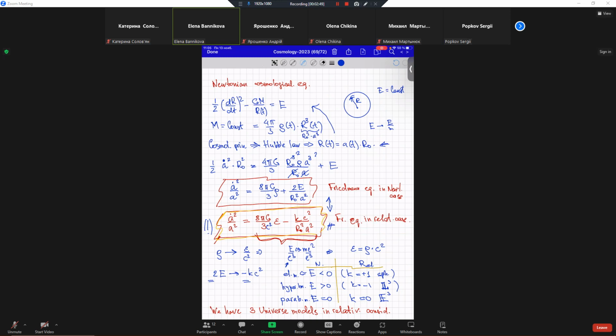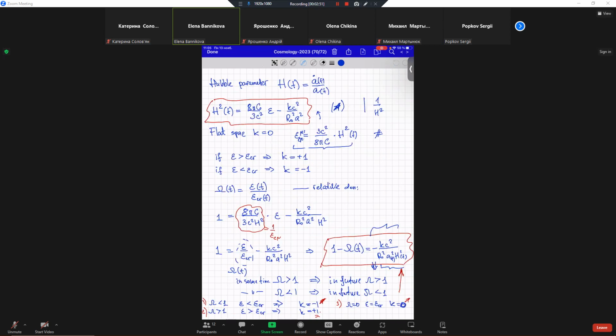We also discovered that, as in the Newtonian case, here in the relativistic case we obtained three models. We can see that there should be three models of the universe, which correspond to different cases, and we will come back to this.